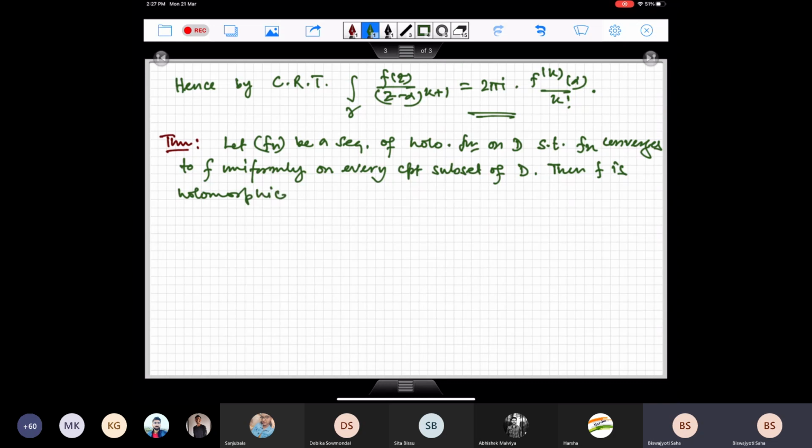Moreover, Fn prime converges, since all these are holomorphic so I can take derivatives, to F prime uniformly on compact subsets.